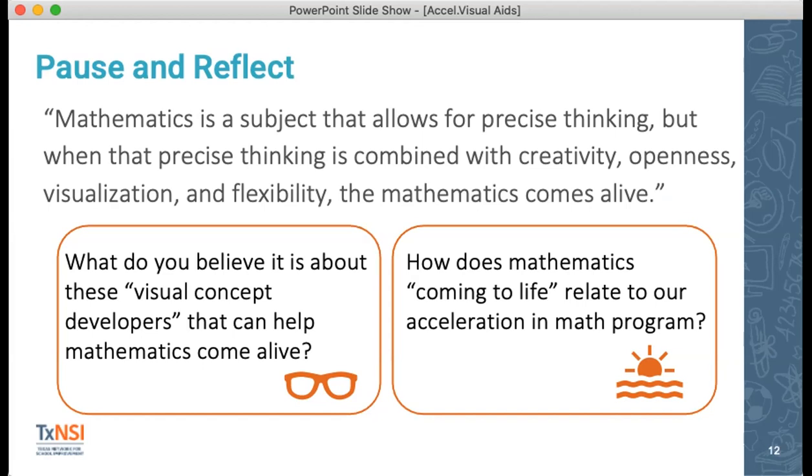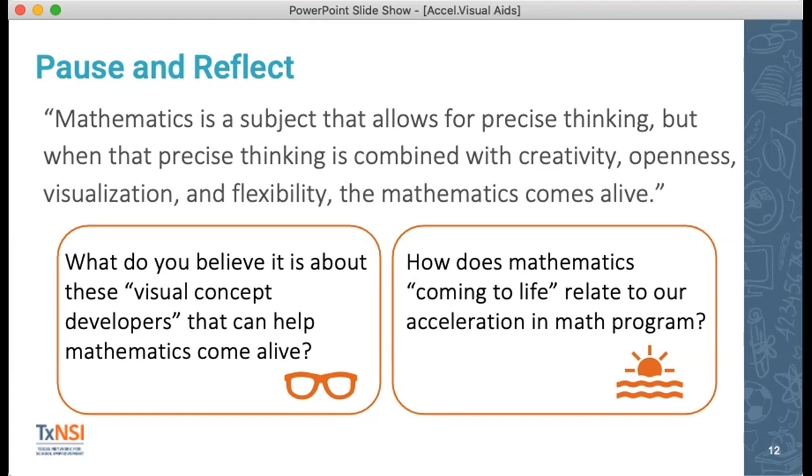I didn't put her name on there on purpose because a lot of people say that they love her, and they just kind of breeze past. But it's really important, as she points out here, that they have this creativity, this openness, visualization, and flexibility within their mathematics.